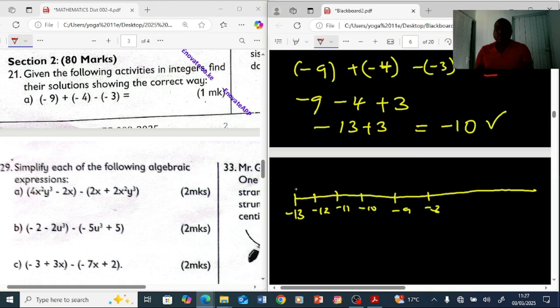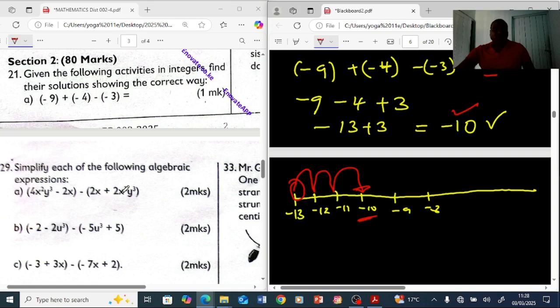Now, you start here. When you add, you move to the right. When you subtract, you move to the left of the number line. So we are at this point. We are adding 3. So it is 1, 2, 3. So 3 steps, it is at negative 10. And that is the answer we have given.